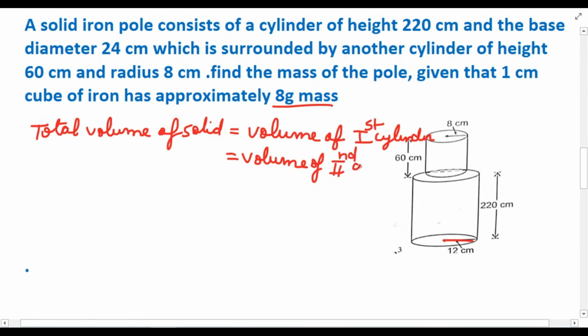And we know that the cylinder formula is pi r square h. For the big cylinder I am using capital letter R, and for the small cylinder I am using small letter r, and pi is common, so we can take it outside.